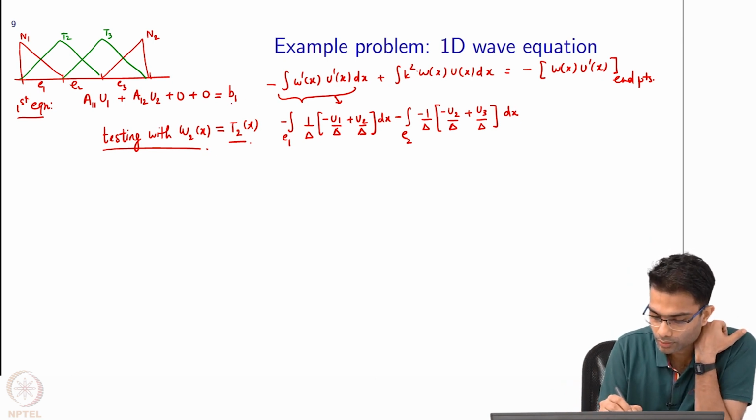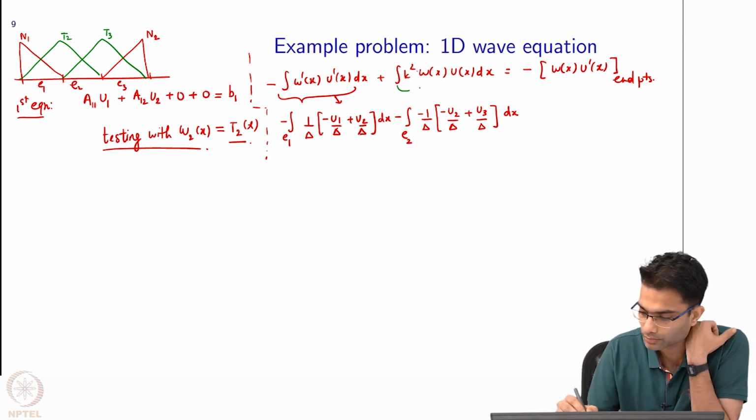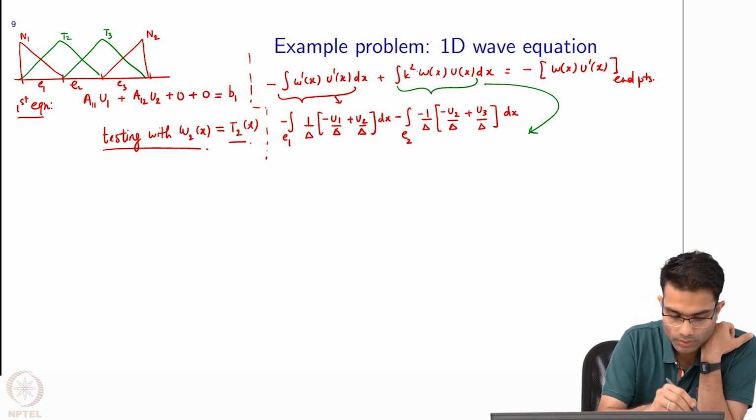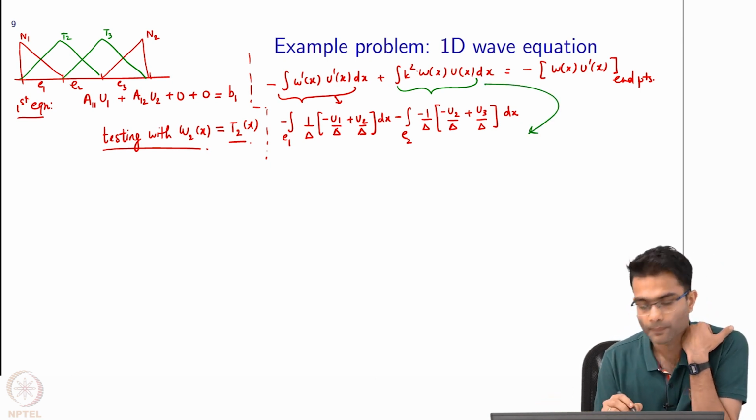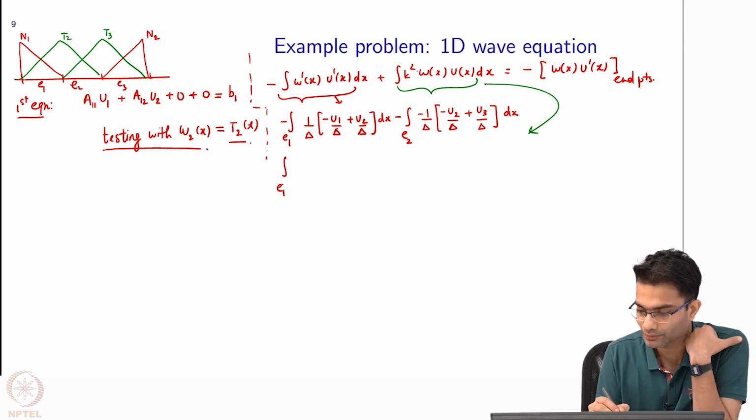Now let us take the next term. So what happens over here? Again I have to do the integration over E1 of k squared, right.